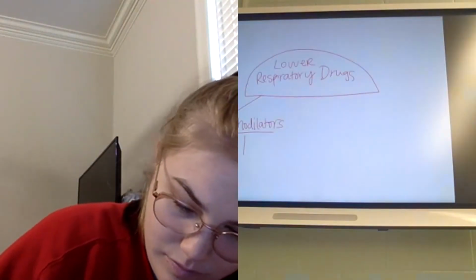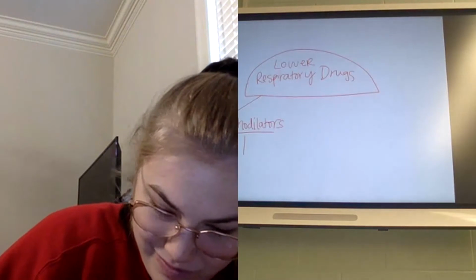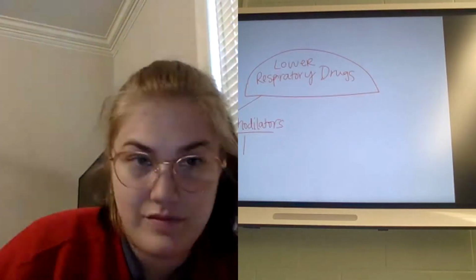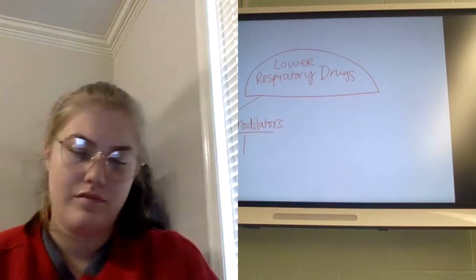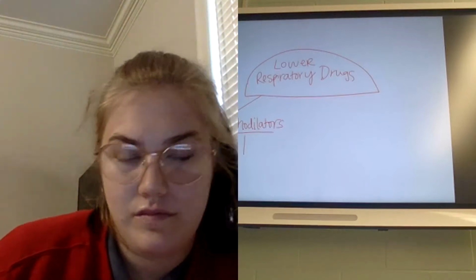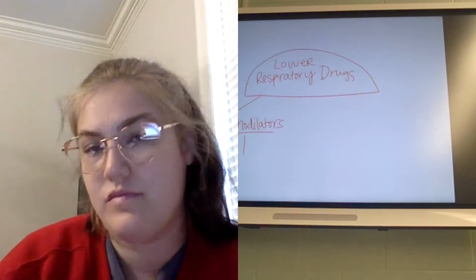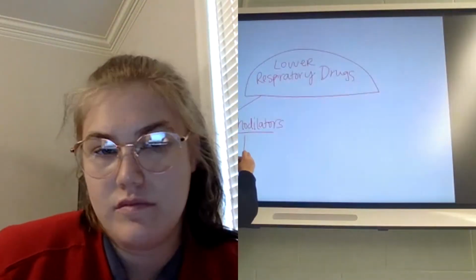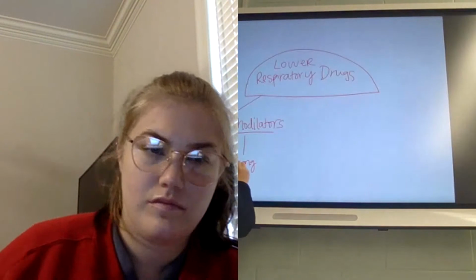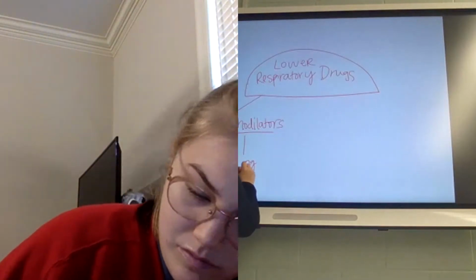We have long-acting beta antagonists. So essentially, same thing is going to happen, but it's not an immediate response, okay? Still going to dilate those vessels, but they're used in long-term treatment. Which one of these would be given in an emergent event?